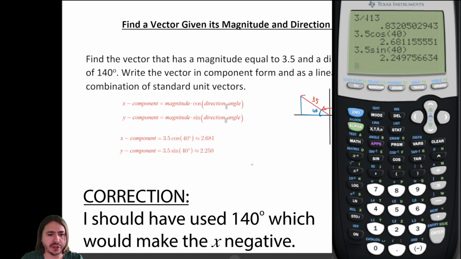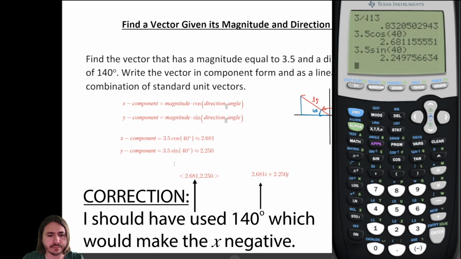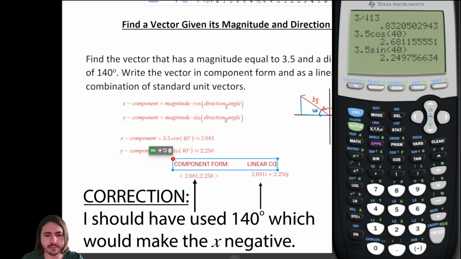Okay, so the two ways that we can write this are in component form, we would say 2.681, 2.250, and then in linear combination form we would say 2.681 i with a little arrow, plus 2.250 j. So this would be the component form, and this would be the linear combination form.